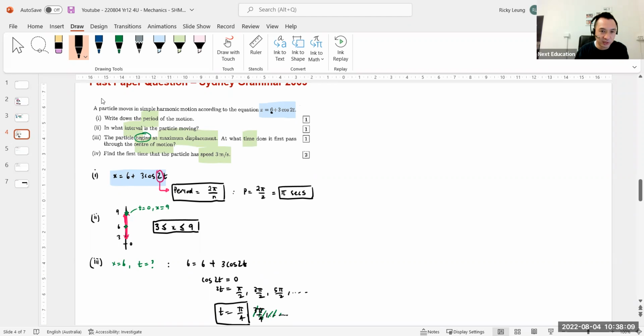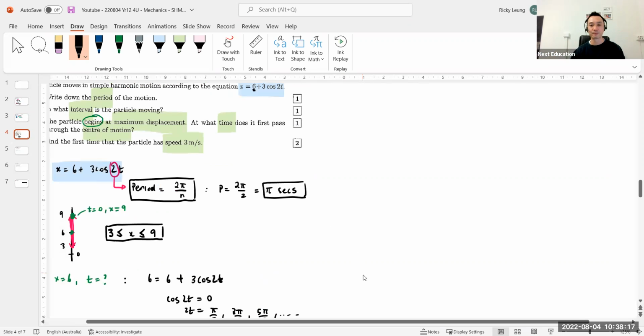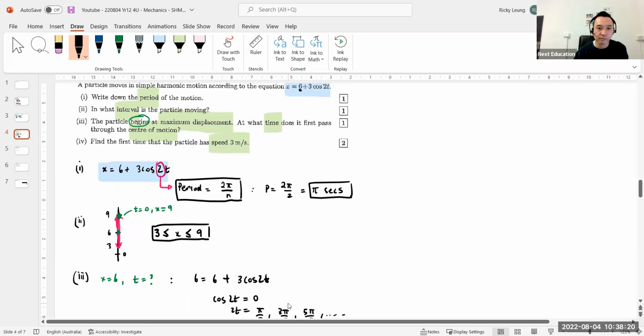Now let's say, find the first time that the particle has speed 3. So now it introduces speed, which means I need to go from displacement down to velocity, which means I differentiate. So for part 4, if x equals 6 plus 3 cos 2t, then velocity, or x dot, whatever notation you want to use: 2 comes in front, differentiating cos goes negative, so it's negative 6 sin 2t.